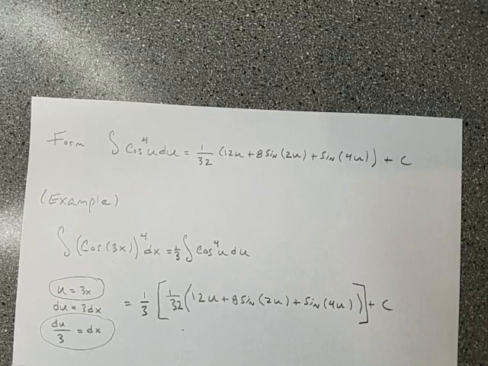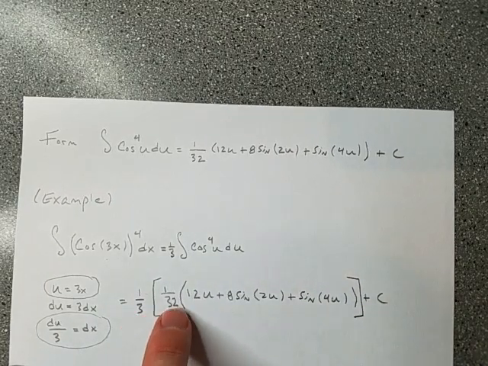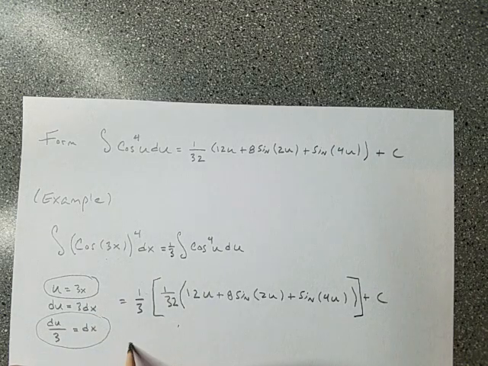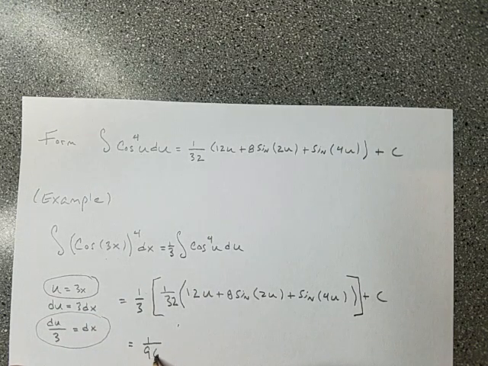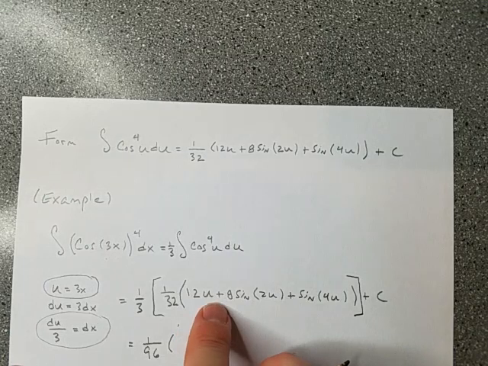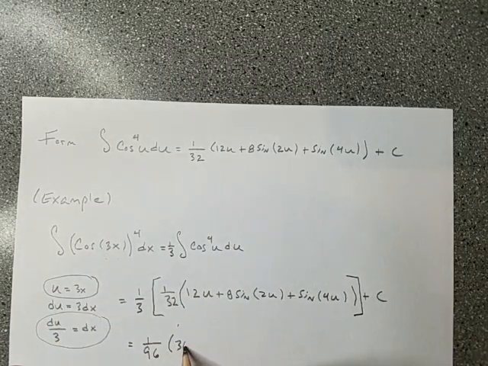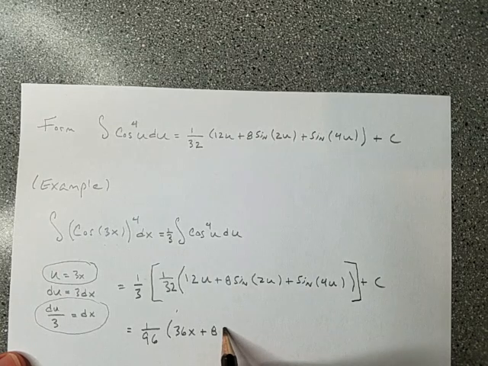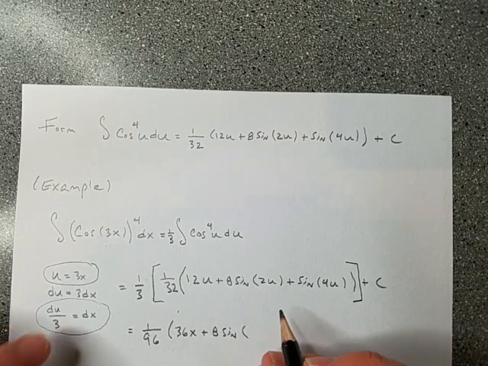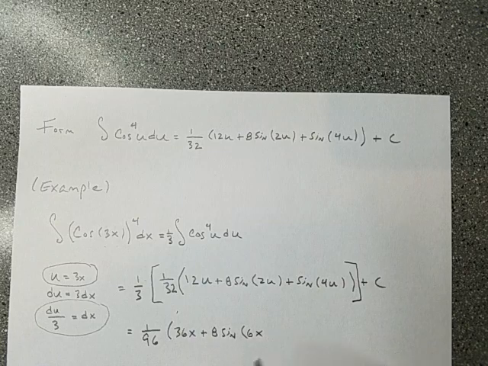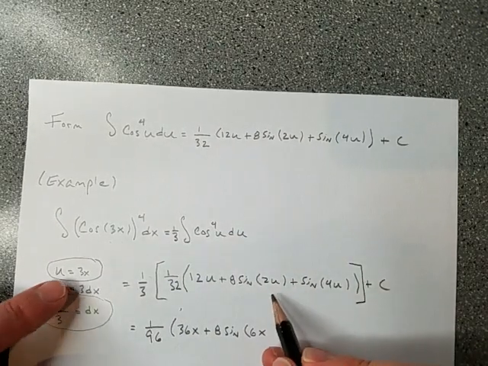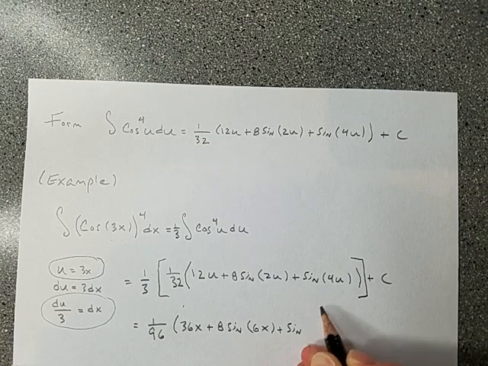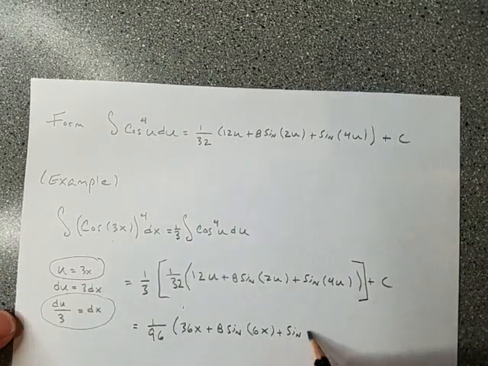Okay, so let's do this. I'll multiply together, and I'll replace the u with 3x. So I'll get this. I'll get 1 over 96 times 12u, that's going to be 36x because u is 3x, plus 8 sine of 6x. Okay, because again, u is equal to 3x. Plus sine 4u, so that's going to be 12x.